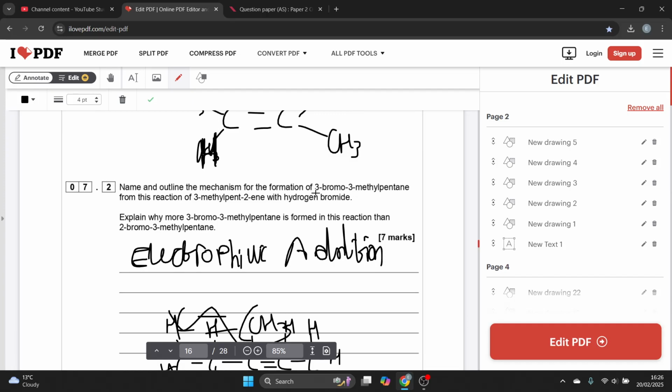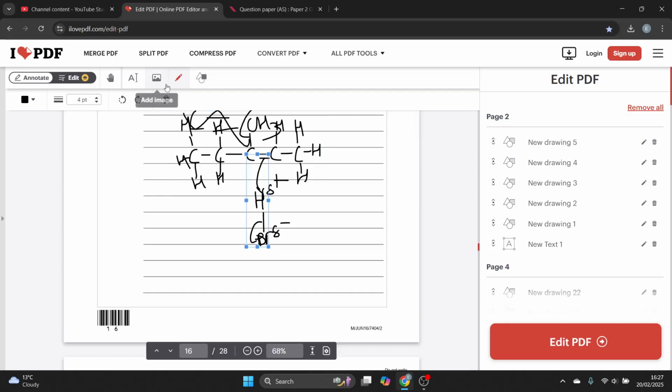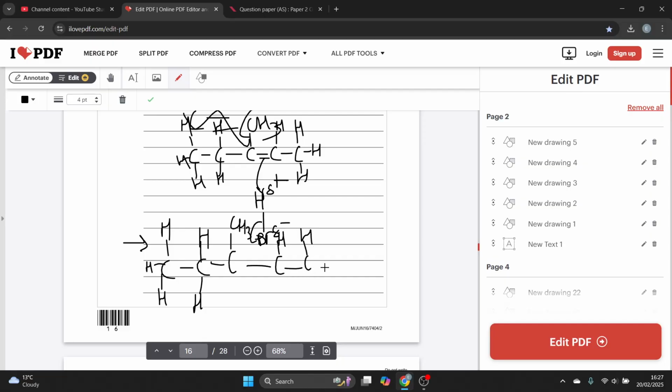A formation of 3-bromo-3-methylpentane. First things first, that goes. Then I've got CH3, CH2, CH3, CH, CH3. 3-bromo, so the bromo is going to be on the third carbon.